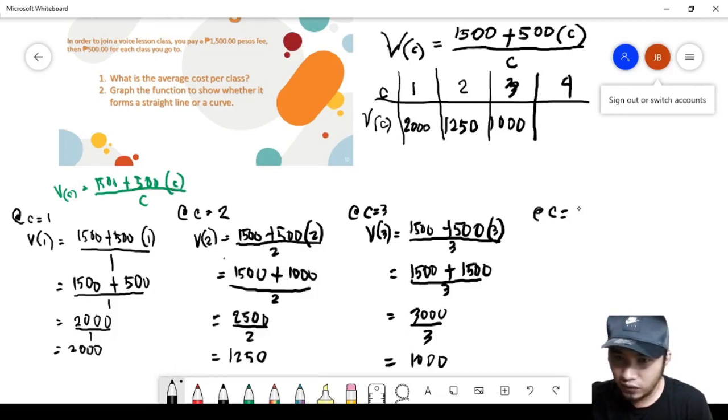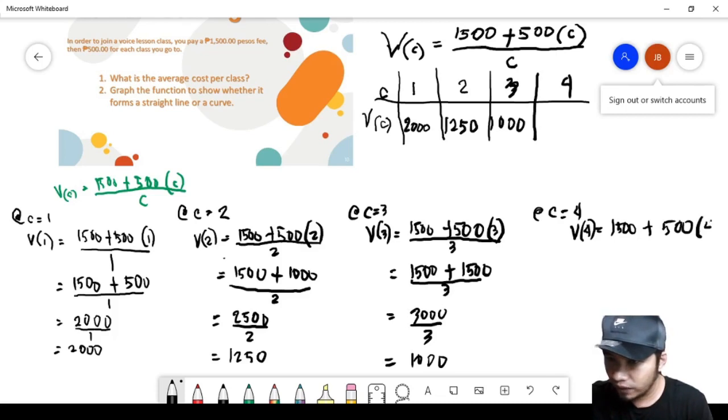At C is equal to 4. P of 4 is equal to 1,500 plus 500 times 4 all over 4.